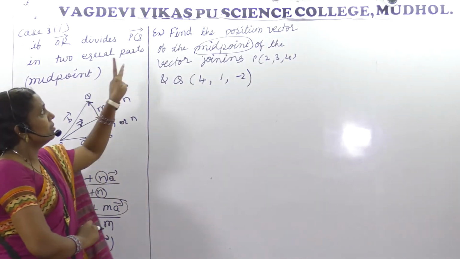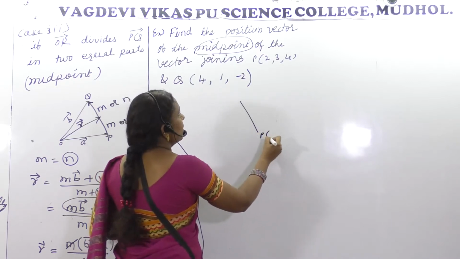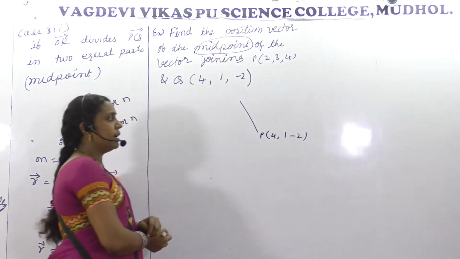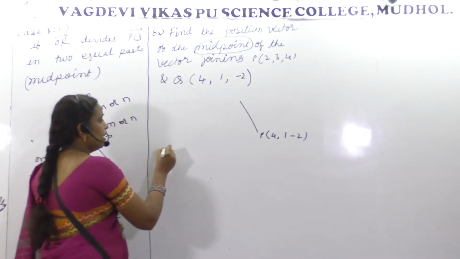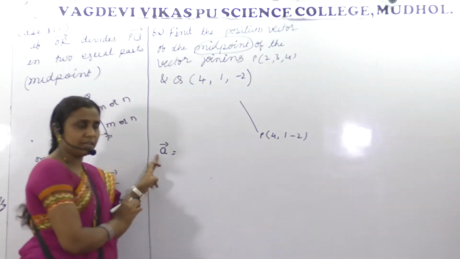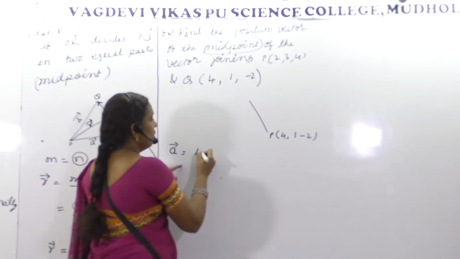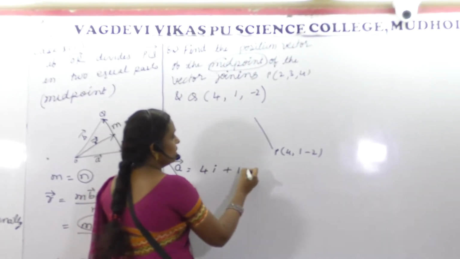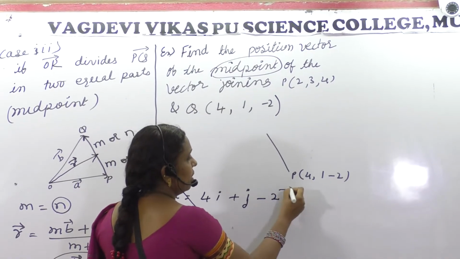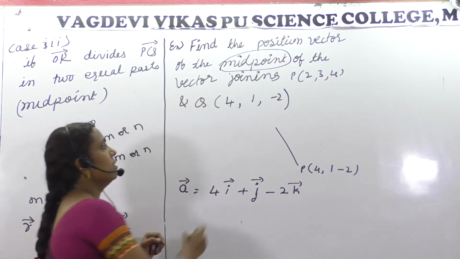How is it? PQ line is there. This is P to Q. P, the components, you can take it as 4, 1, minus 2. So what can you take? P, it was like A, no? Okay. Now make a vector expression from this point: 4i plus 1j minus 2k. Don't forget to put the arrow mark because it's a vector.